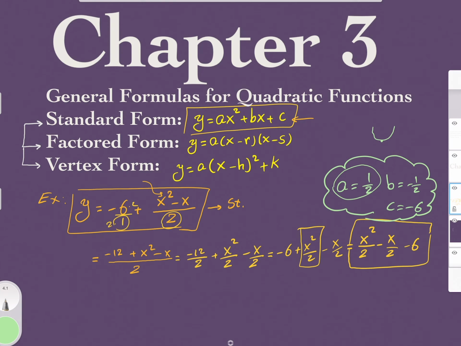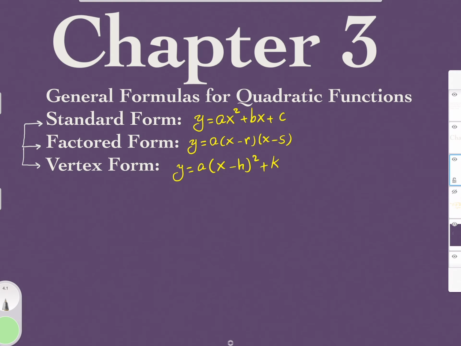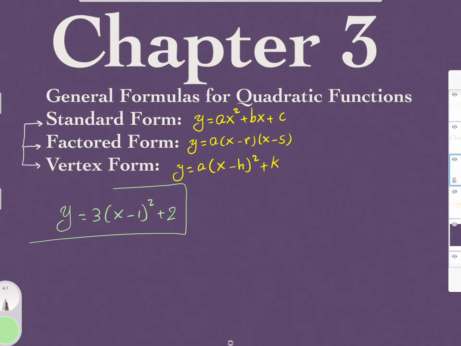Let's have another example. y equal to 3(x minus 1) squared plus 2. This is a vertex form. There's no problem with this. But the question is, convert this one to standard form. Standard form is this.